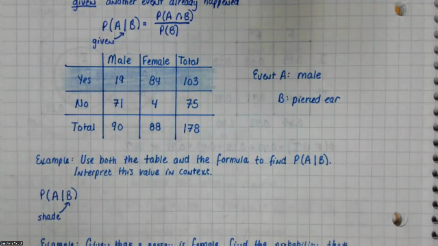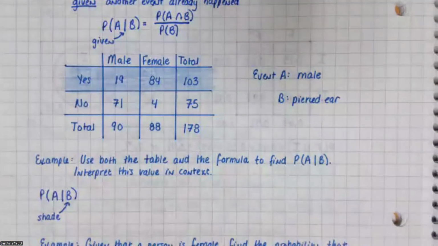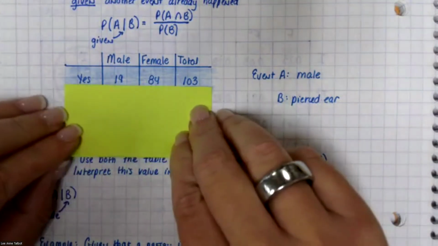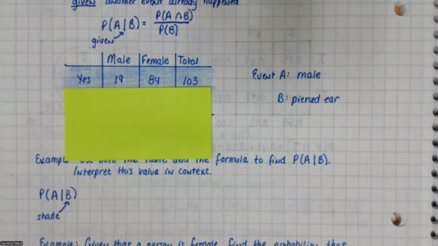Okay, and then what you have to do is ignore the rest of the table. So in my math 1 class, when we do this, I literally take a Post-it note and cover up the rest of the table. You're only looking at the shaded portion.